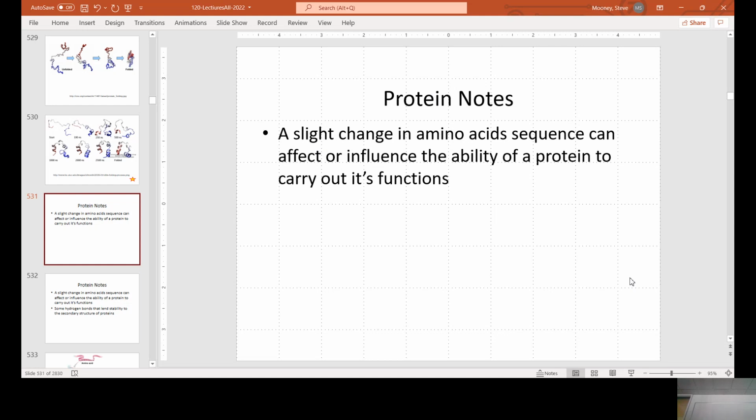If I take one amino acid out that, say, was hydrophobic, and I replace it with a hydrophilic, that's going to change that section of the molecule. So a slight change in amino acid sequence can affect or influence the ability of that protein to carry out its function. The shape of the protein determines how well that protein does its job.